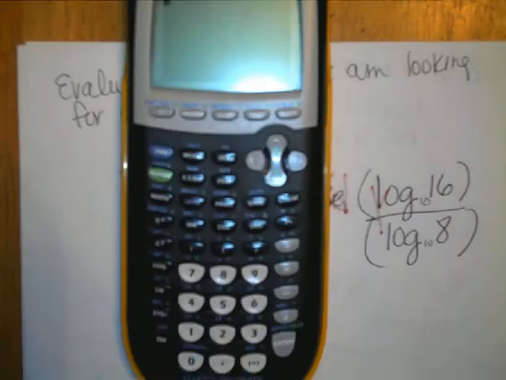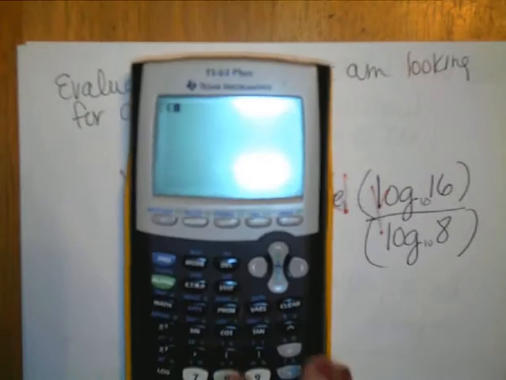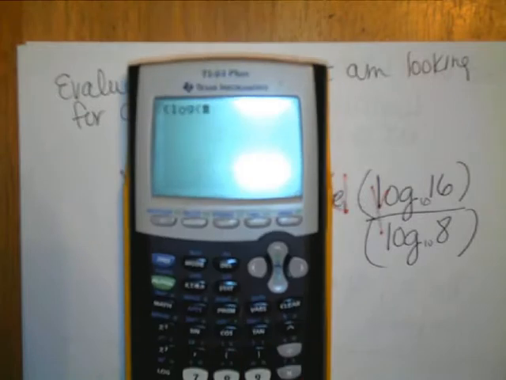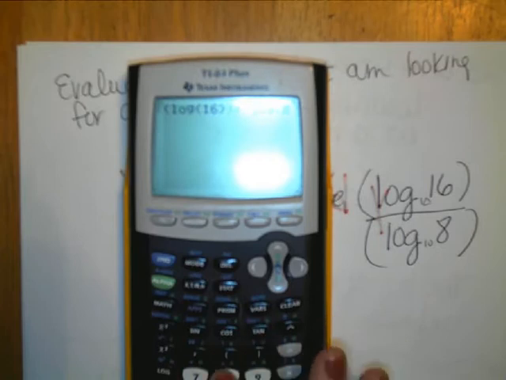So I'm going to go parenthesis log of 16, close that parenthesis and then the parenthesis for the top, divided by parenthesis log of 8, and enter.